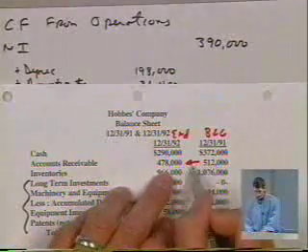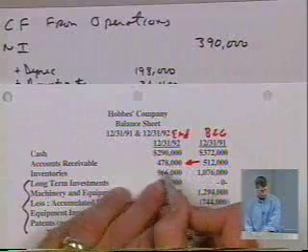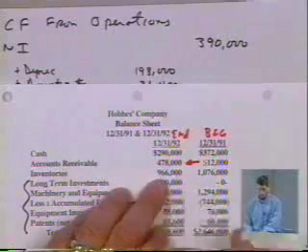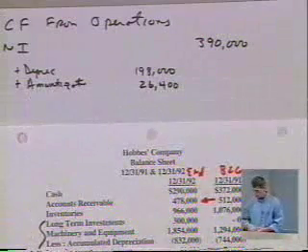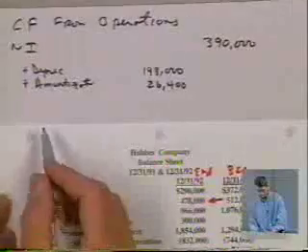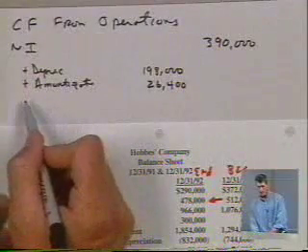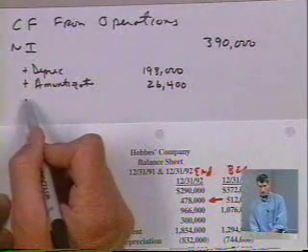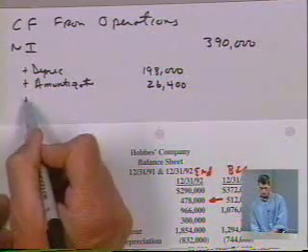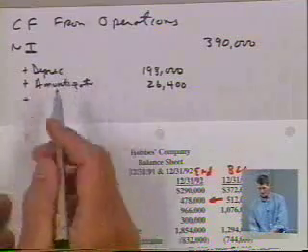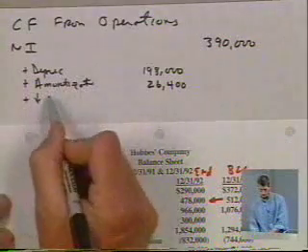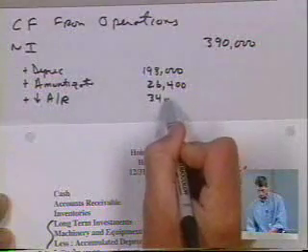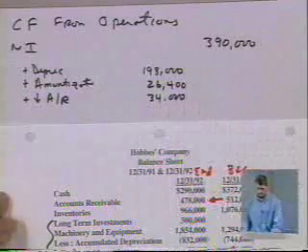Remember, we're going from right to left, from 512 down to 478. Now, that's a difference of $34,000. So we plug that in. If it's a decrease in the asset, it's as if we sold it. So it's add back the decrease in accounts receivable to the tune of $34,000.